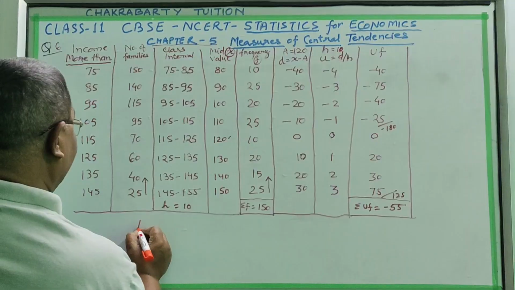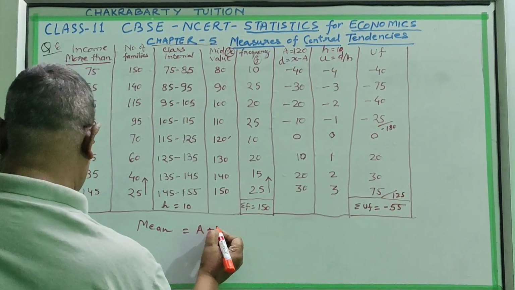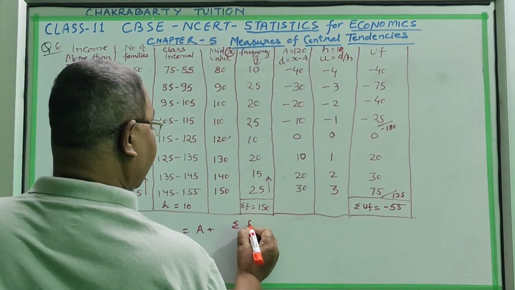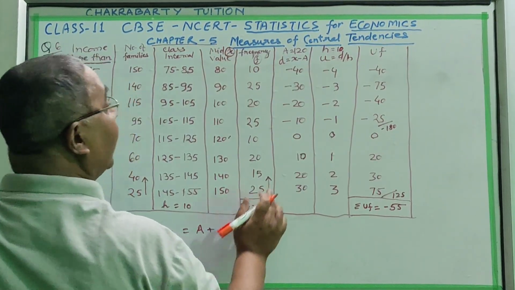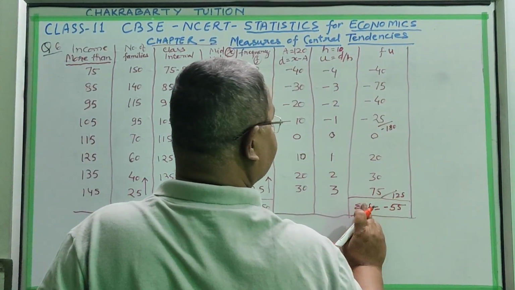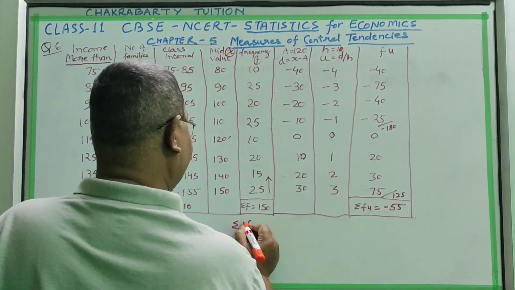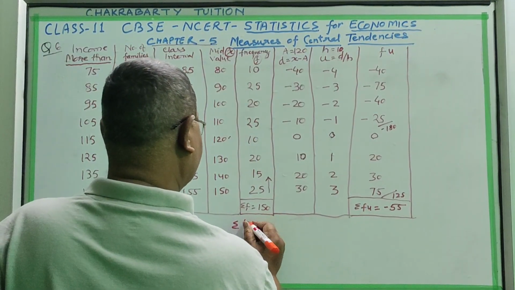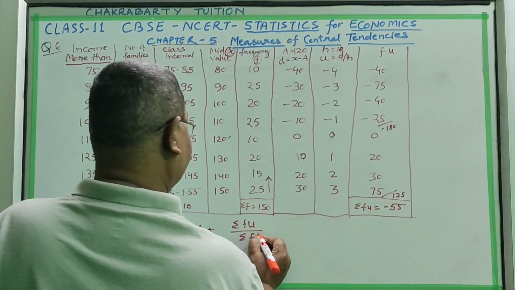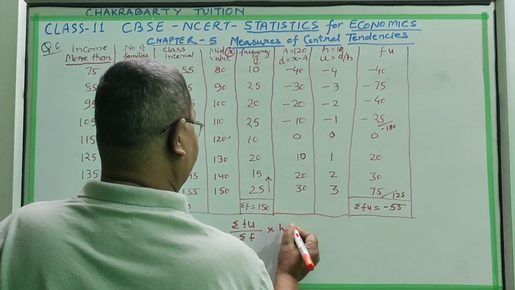Now you have the mean formula. The mean formula is a plus sigma fu upon sigma f into h.